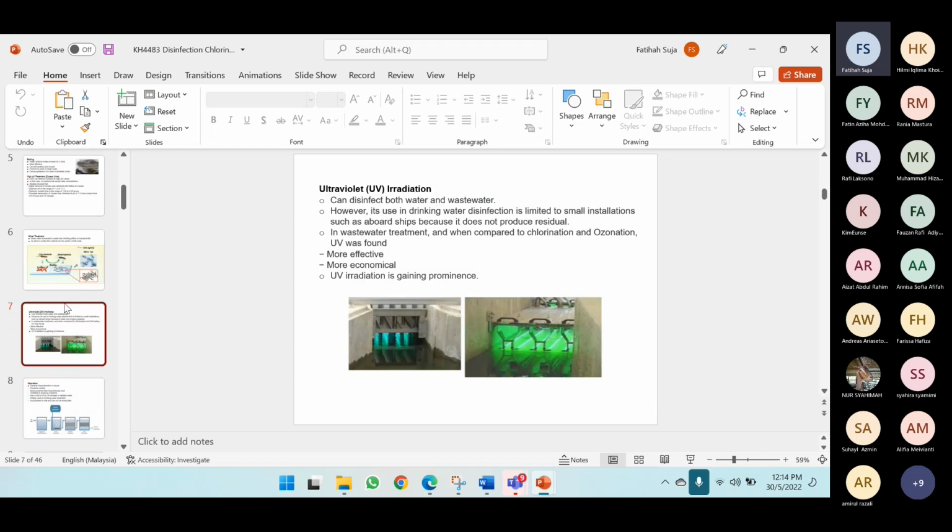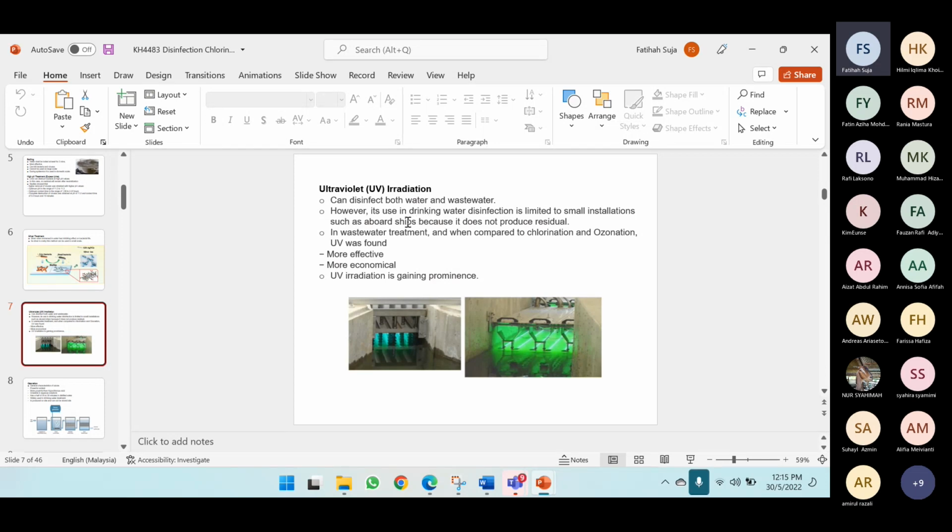And ultraviolet irradiation can disinfect both water and wastewater. However, its use in drinking water disinfection is limited to small installations because of the disadvantage that we have discussed, because it does not produce residual. This is the same as what you did with lime treatment.